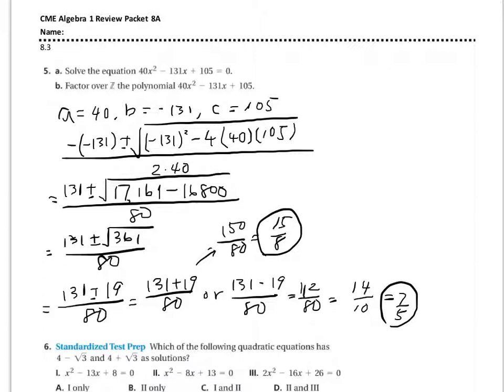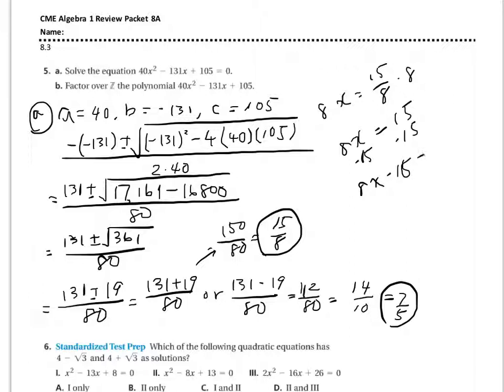Part B: factor over Z. Is there any way to do that? There is, actually. If x equals 15 over 8, you do it backwards: multiply both sides by 8, so you have 8x equals 15, and then subtract 15 from both sides, so we have 8x minus 15 equals 0.